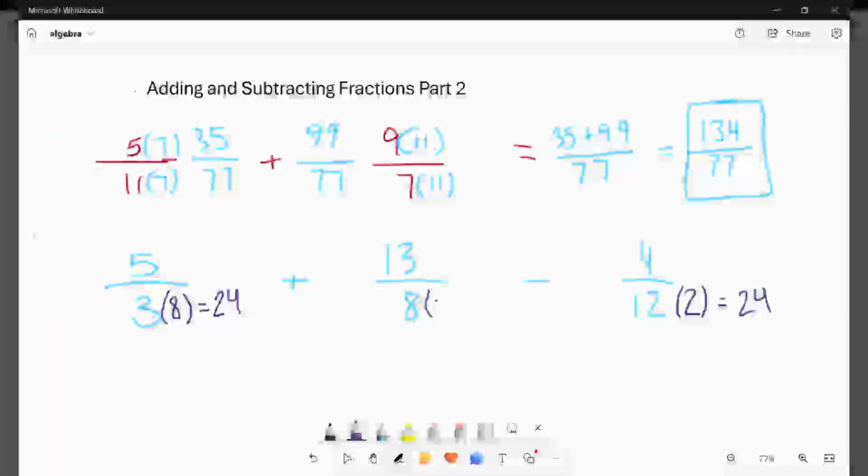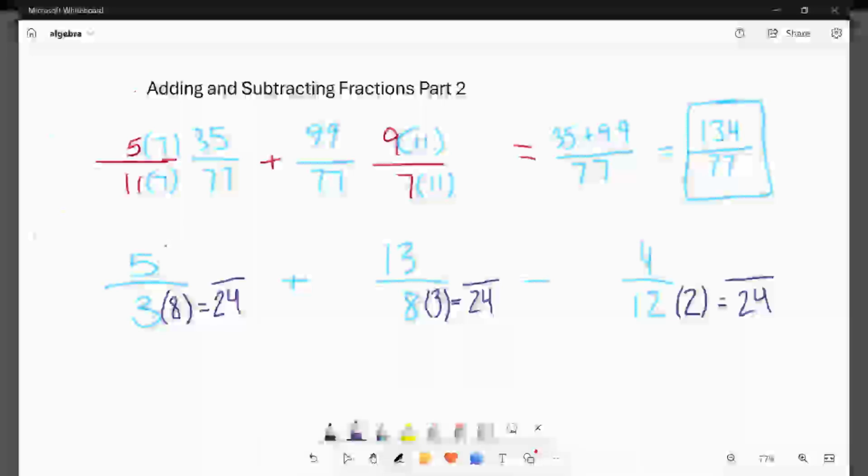While it's not like multiplying 2 and 4, it's kind of a combination of that. These all share 24. They can all be multiplied to 24. So now we have our common denominator, which is a great start.